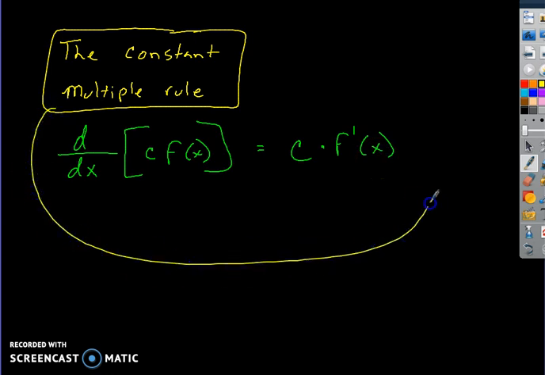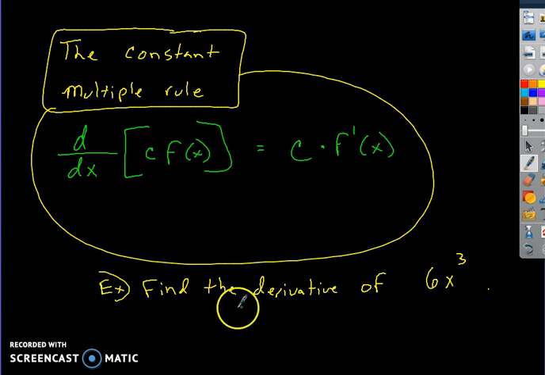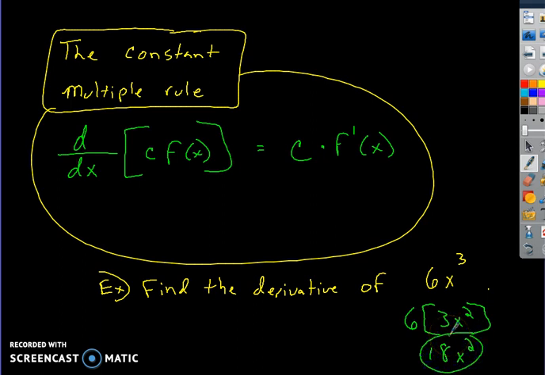So basically, if I wanted to find the derivative of 6x to the third, that means you can take the 6 and then multiply by the derivative of x to the third, which is 3x squared. So the answer would be 18x squared. That's what the constant multiple rule means. You can move the 6 out of the way for the moment, take the derivative of the function, and then multiply it later. Or if you just know 3 times 6 is 18, that's fine too. And that will work as well.